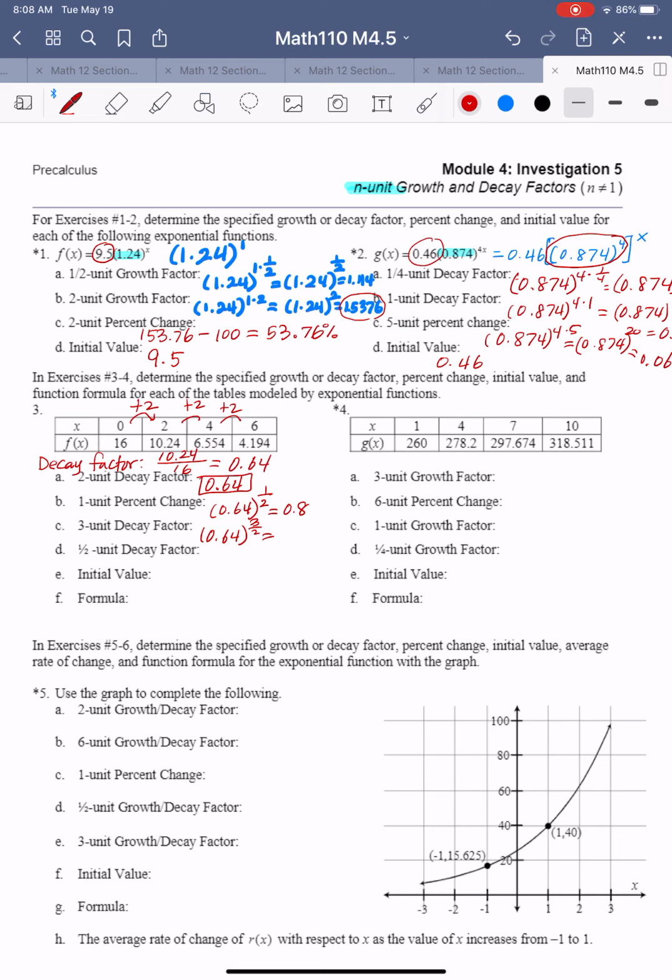So 0.64 to the 3 over 2, you got 0.5112, okay? Or you can use the 0.8 to the third power too if you want. And the half unit decay factor, yeah, so now there's an easier way you can do it. I mean, you do the same thing, but you can pull it out of the 1 unit.